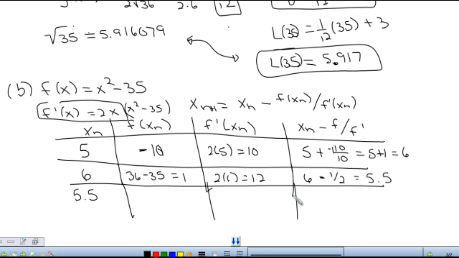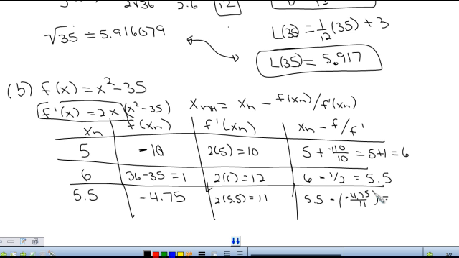So I'm going to put 5.5 squared minus 35, that's going to be negative 4.75. And 5.5 times 2 is going to be 11. So I'm going to have 5.5 minus negative 4.75 over 11.